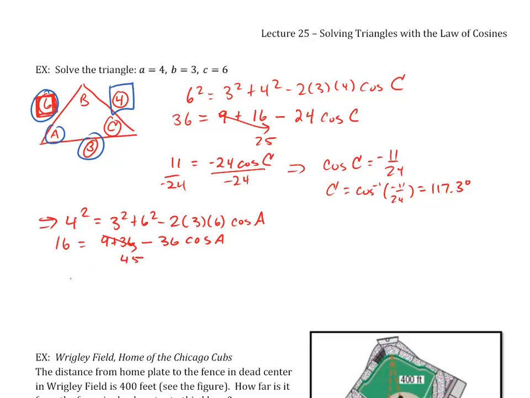If I subtract that to the other side, I get negative 29 equals negative 36 cosine of A.